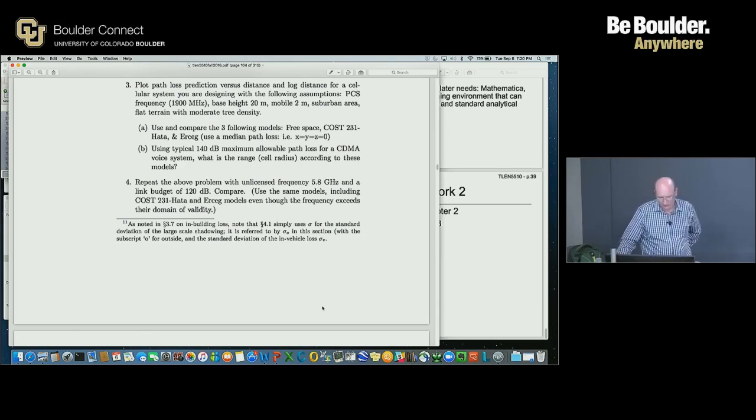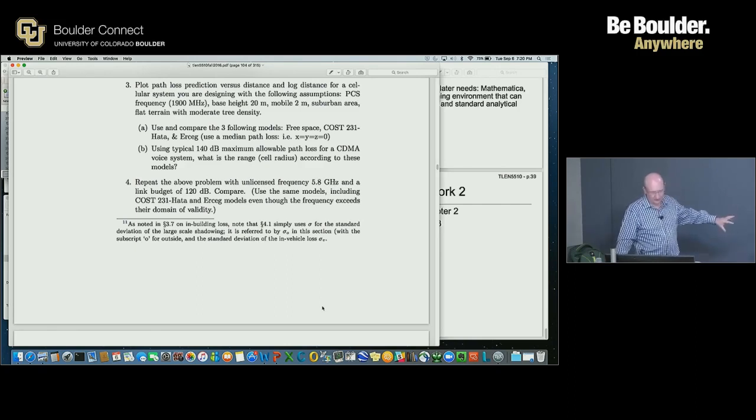So just plot something very simply using the 3 models: free space, COST231 Hata, and ERSEG. As I told you, if you don't have to deal with uncertainty, just use x equals y equals 0 in the ERSEG model. In other words, all the standard deviations are zeros. Everything will be fixed. But compare what happens at certain frequencies with certain heights of base station. How do those models compare?